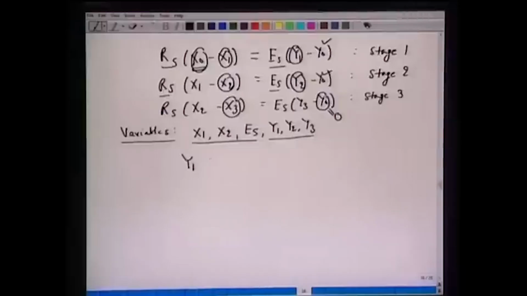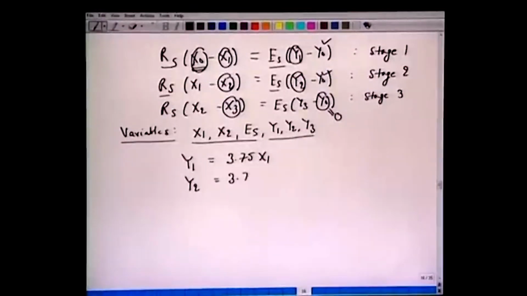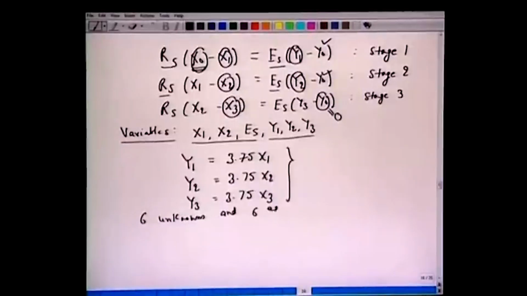So, if they are ideal, now we have y1 equals 3.75 x1, y2 equals 3.75 x2, and y3 equals 3.75 x3. Now, we can say that there are 6 unknowns and 6 equations.